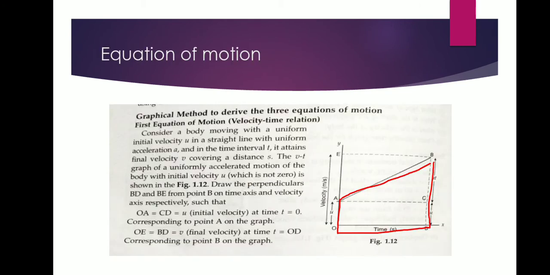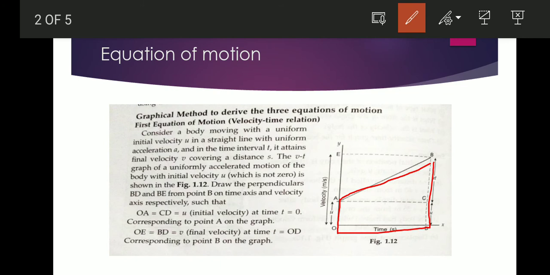The area of trapezium OABD is given by the sum of the two parallel sides divided by 2, into the height. Where are the parallel sides? This side and this side are parallel. The height is this time frame, OD or AC.